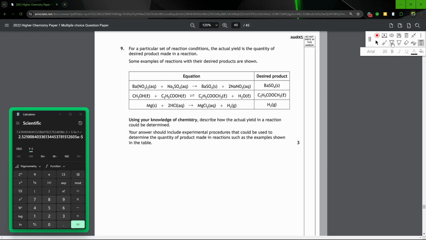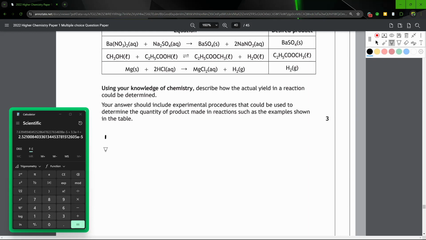So let's go one by one, and I'm going to go with the first reaction at the top. So let's write out the whole equation just to be absolutely sure.